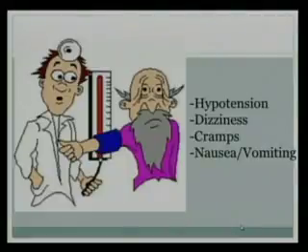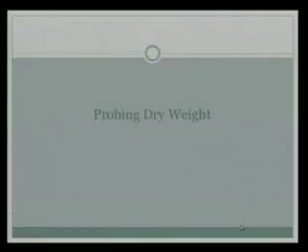But this is certainly a challenge in the dialysis unit, that when somebody's hypotensive and not feeling well, our first inclination is to give fluid, stop the ultrafiltration, and go up on their dry weight. When in fact, we may just need to modify their dry weight slightly, not make a big change. And I think in practice, a lot of times, this is an inhibitor to actually achieving a true dry weight.